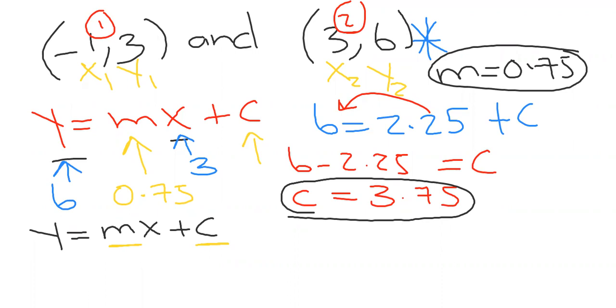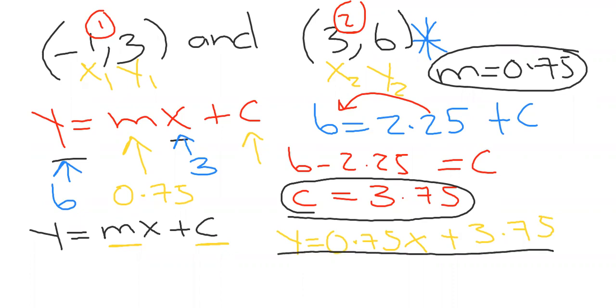So it means your final answer now is going to be y equals 0.75x plus 3.75. That's the equation of your line.